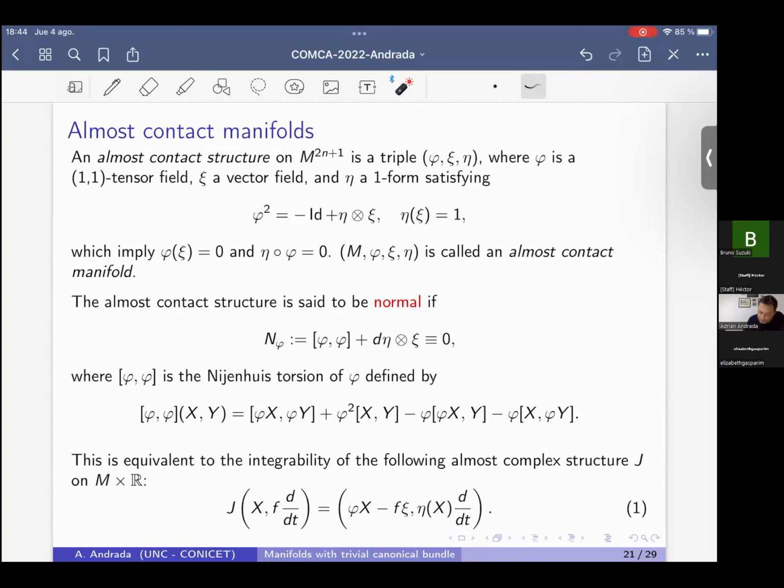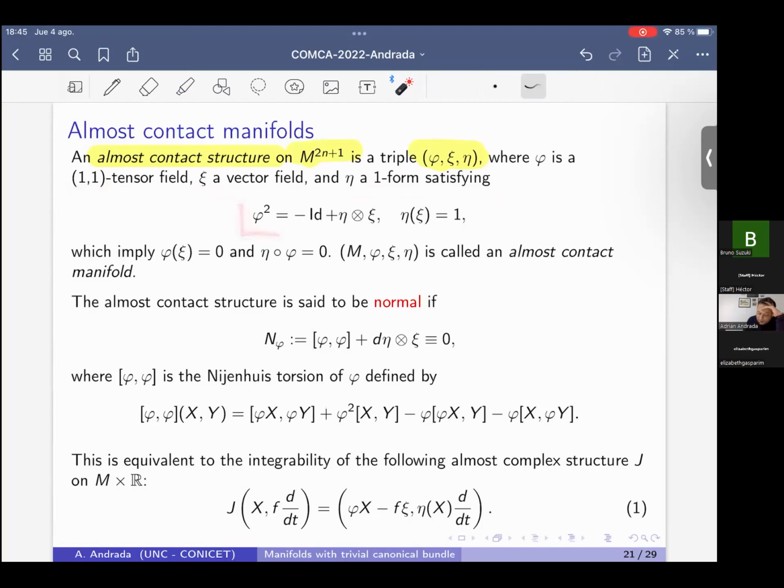So I recall the very basic definition. An almost contact structure on an odd dimensional manifold is a triple phi, psi, eta, where phi is an endomorphism of the tangent bundle, psi is a vector field, eta is a one form, and they satisfy the following.